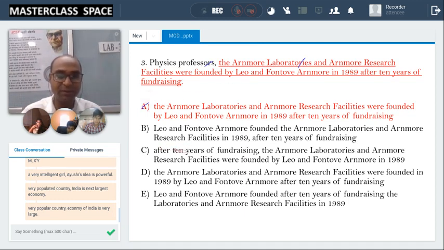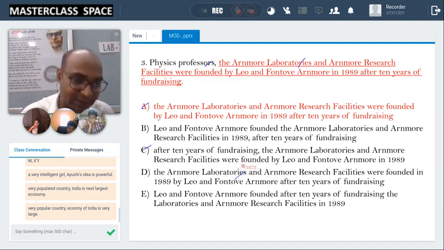Look at C. It says physics professors, after 10 years of fundraising, are more laboratories. Can a laboratory raise funds, or can it be physics professors? The answer will be no. So C is out. Look at D. Physics professors are more laboratories, again incorrect.